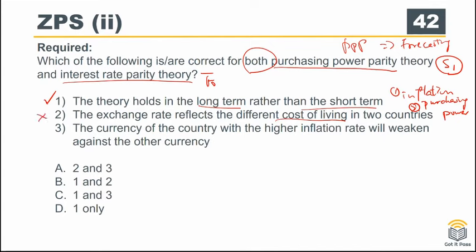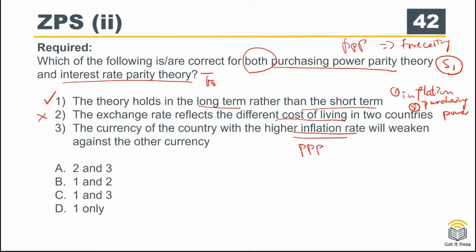For the third statement, the currency of the country with a higher inflation rate will weaken against the other currency. Yes, under purchasing power parity theory, but not interest rate parity theory, because interest rate parity theory is about the cost of capital of two countries. In the long run, they should be the same, so any adjustment should be put through in the exchange rate because of the interest rate difference.